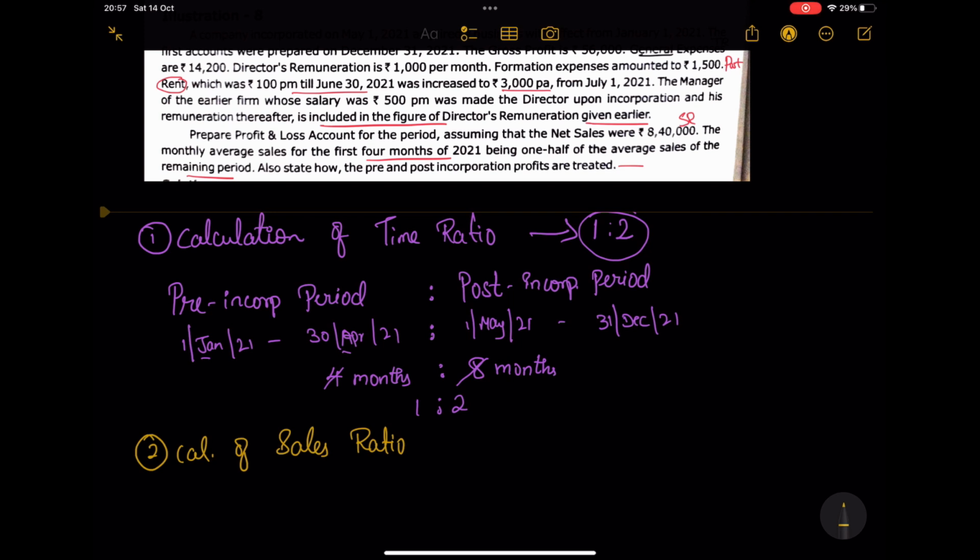So here what they are saying means, they have not exactly given the particular information, isn't it? So how we will be calculating means, wait.